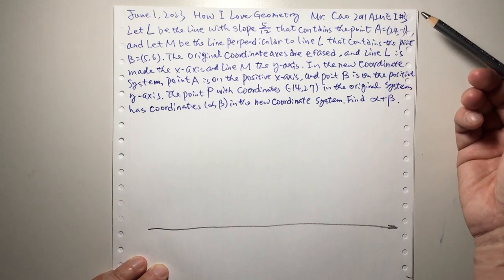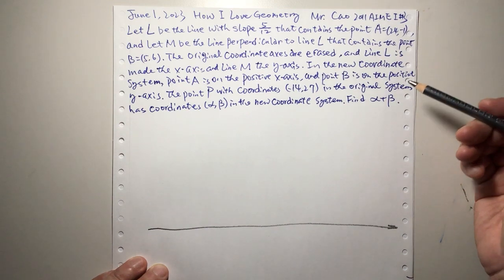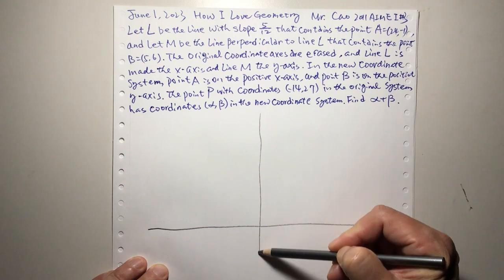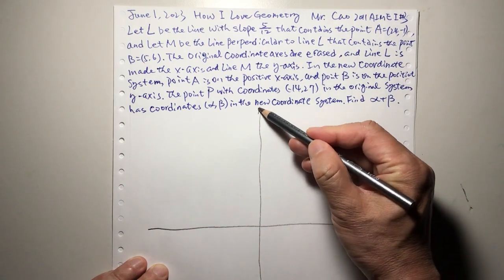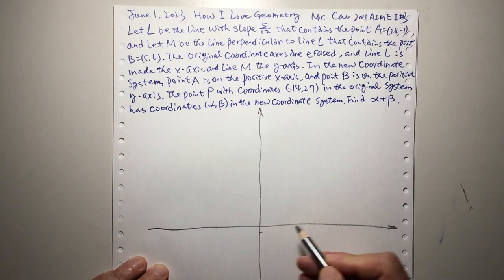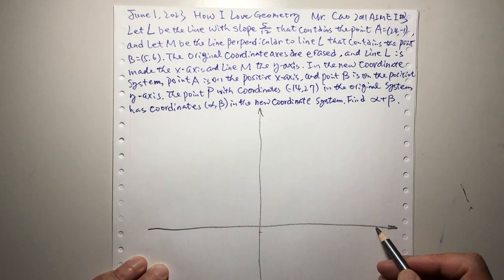The x coordinate and the y coordinate are 24 and -1. It's not drawn to scale.